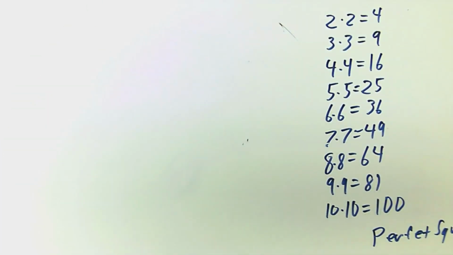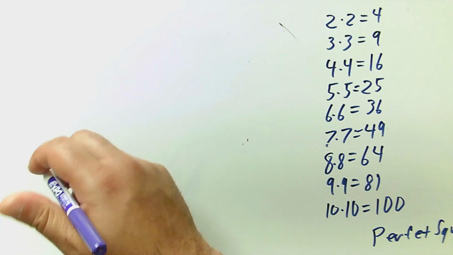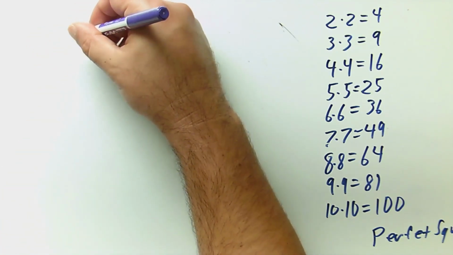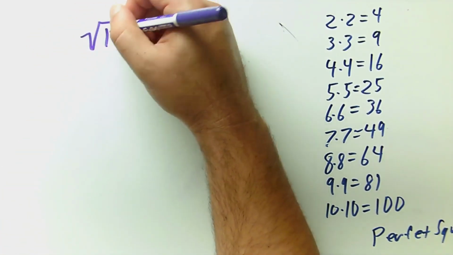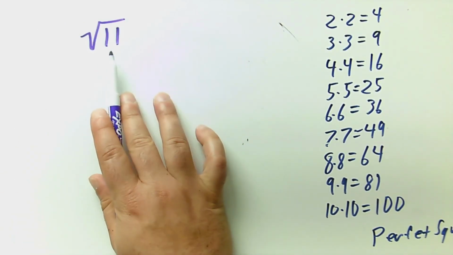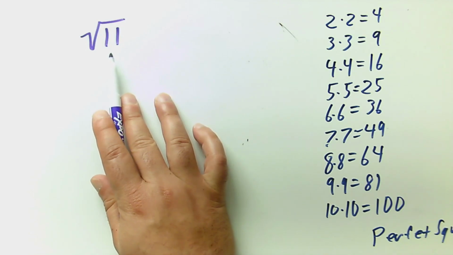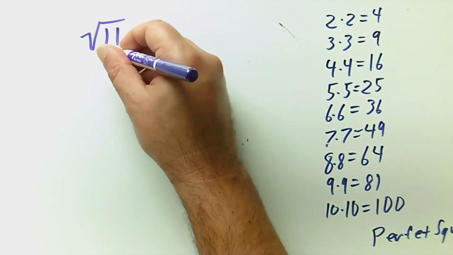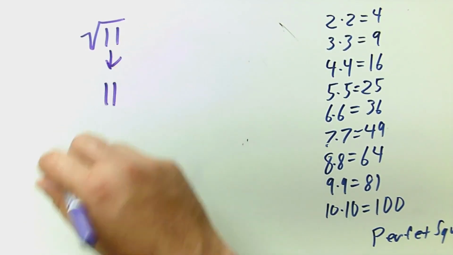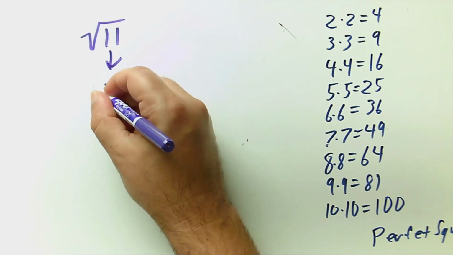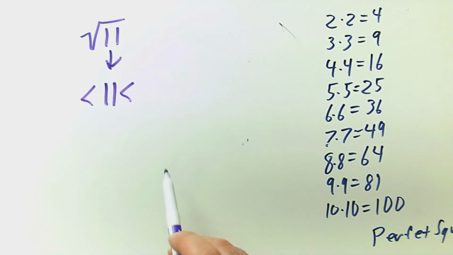Let's do one more. This time we're going to find out which one it's closer to. Is it the closest whole number? So let's do square root of 11. What's the closest whole number that the square root of 11 is equal to? So we take 11 out, and which perfect squares is it in between?